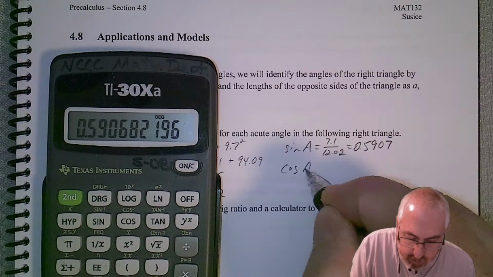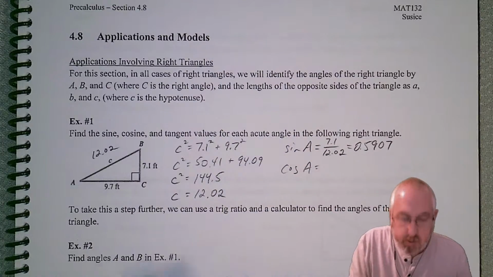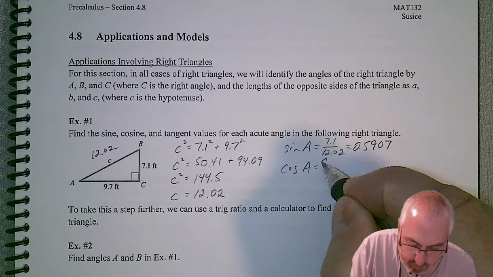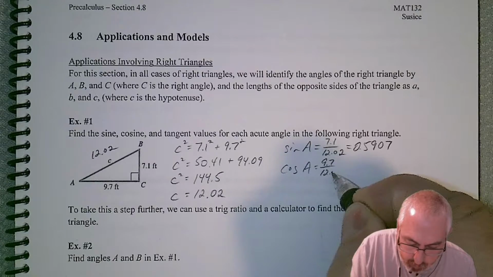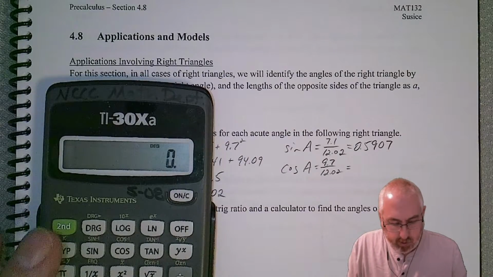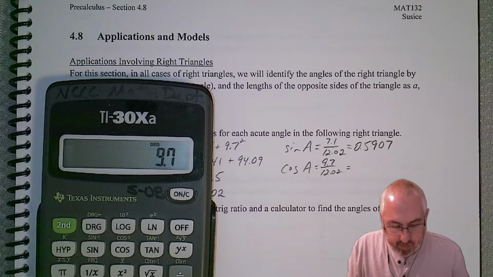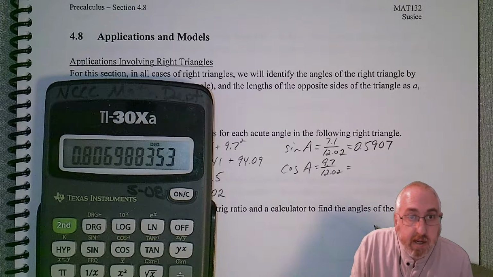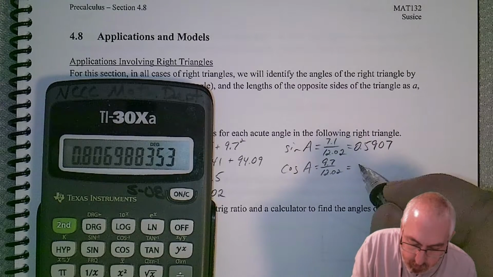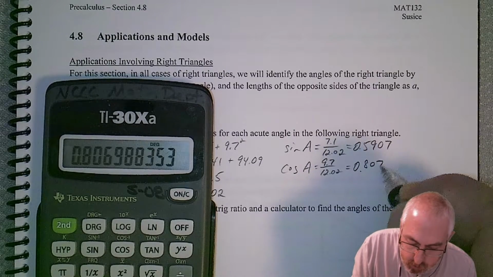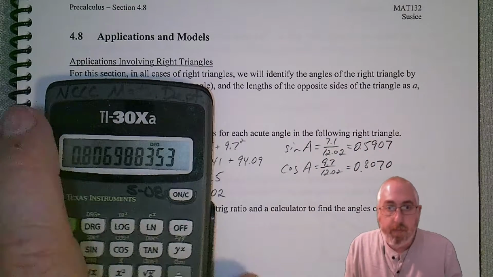So the cosine of A should be our adjacent over hypotenuse, so 9.7 over 12.02. So let's get the decimal value of that. So we can see it's 0.8069, so if we round that to 4 places, 0.8070.